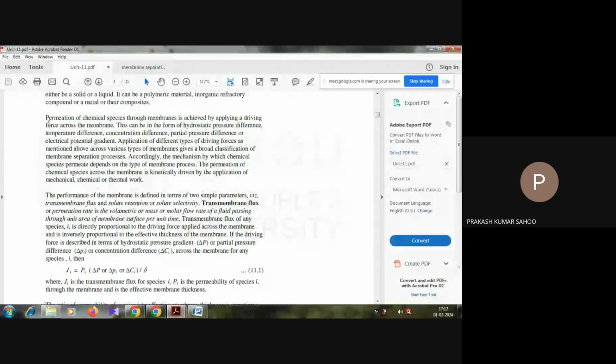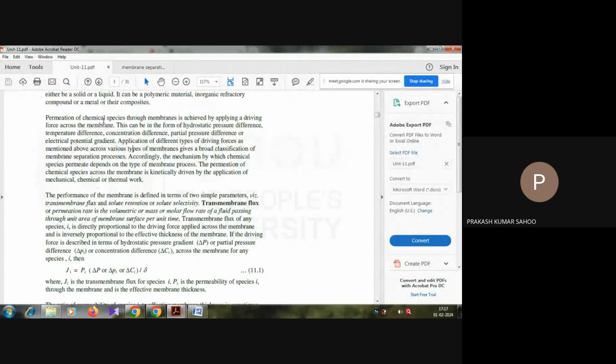Then permeation is another factor which defines the quality of the separation through the membrane, that is, what type of membrane is allowing what type of substances to pass through it. It is known as permeation. Permeation is generally applied to liquid and gaseous components.